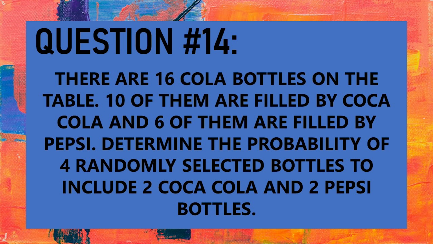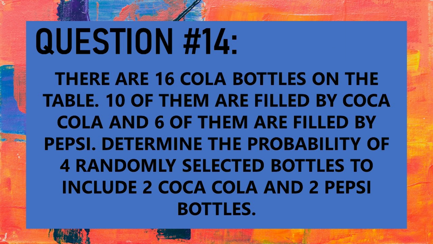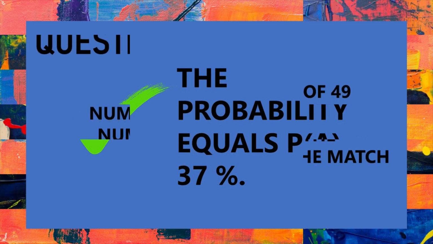Determine the probability of 4 randomly selected bottles to include 2 Coca-Cola and 2 Pepsi bottles. The probability is P equals 37%.